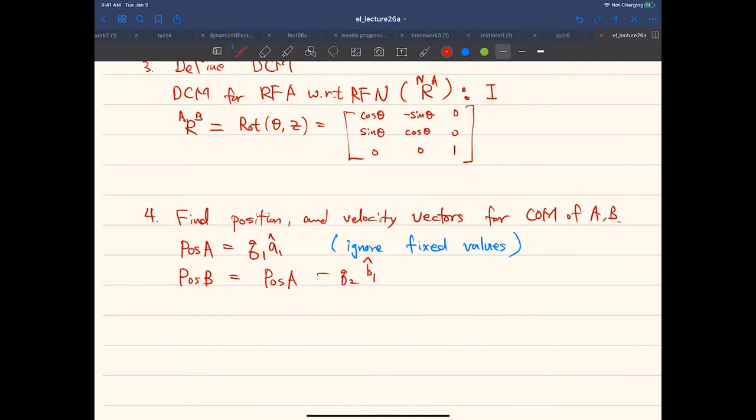How do we consider the vertical? Vertical position is needed if the rotation is involved, because the moment of inertia is all about how far you are from the center of mass. In that case, you have to consider the actual position. So the height is important, and you have to add that.